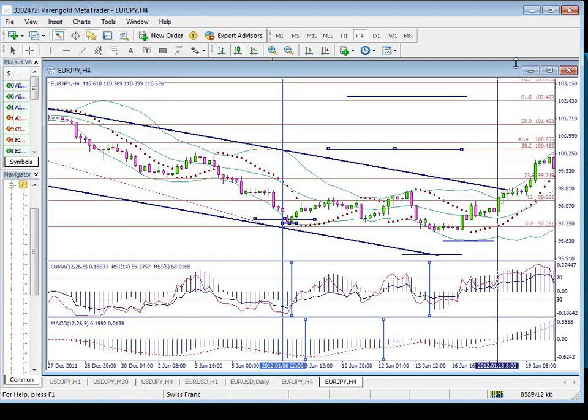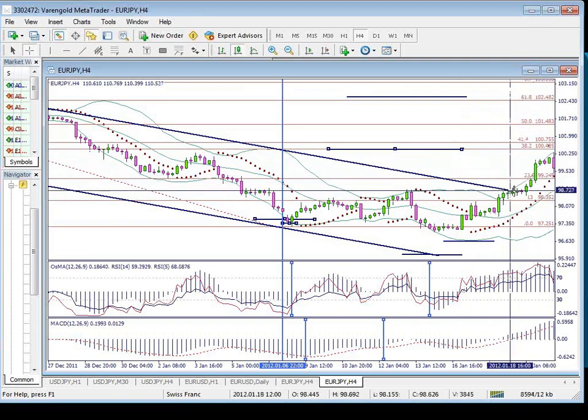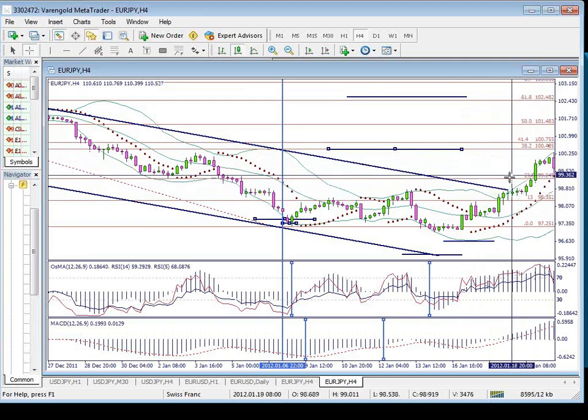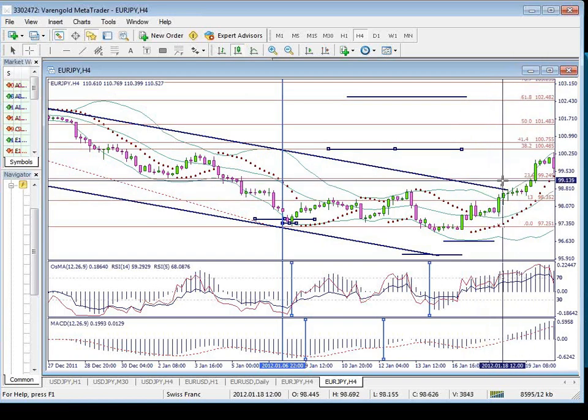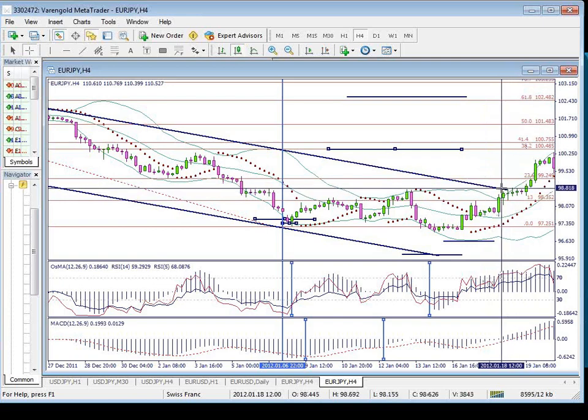Did you make a profit there? I think that I was out from those trades, I don't know, at this superior trend channel or so.